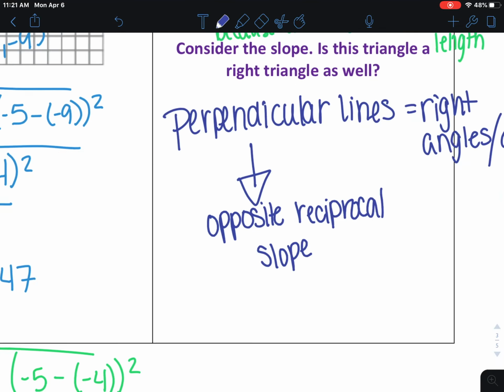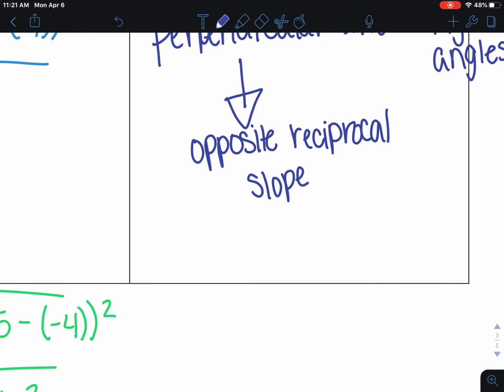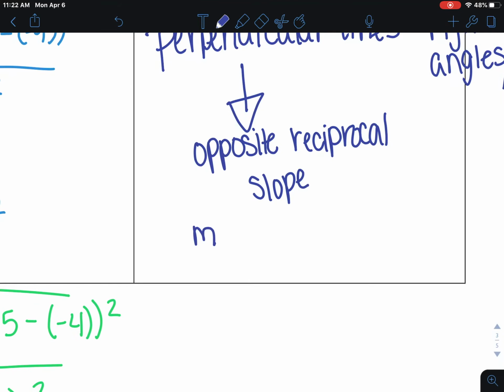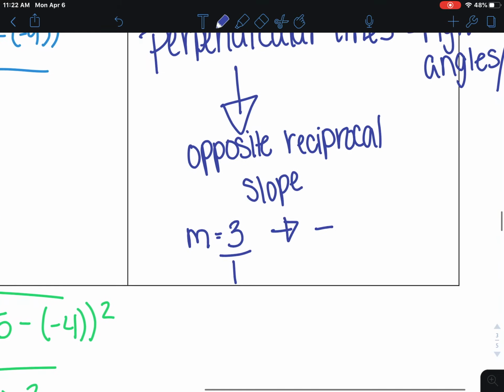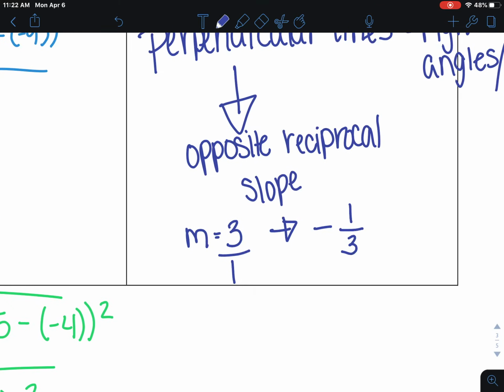Okay, so that means, just going off on a little tangent to refresh your memory, if my slope in one line was 3, then the opposite reciprocal would be negative, because opposite sign, and reciprocal means I flip the fraction. And you're like, well, 3 is not a fraction. Remember, I can put 3 over 1 to make it into a fraction. So then I'm going to flip my fraction, and I'll have 1/3. So the opposite reciprocal of 3 is negative 1/3.